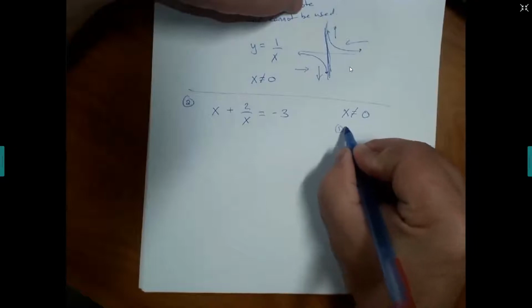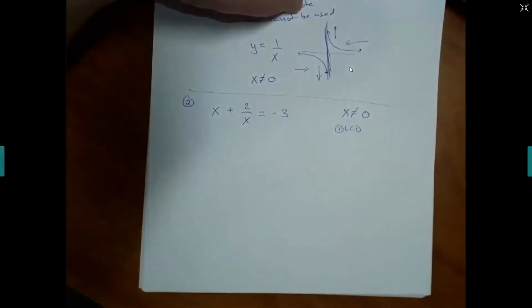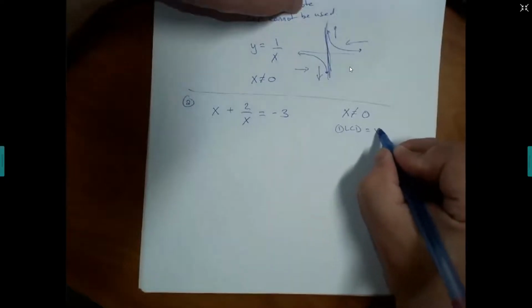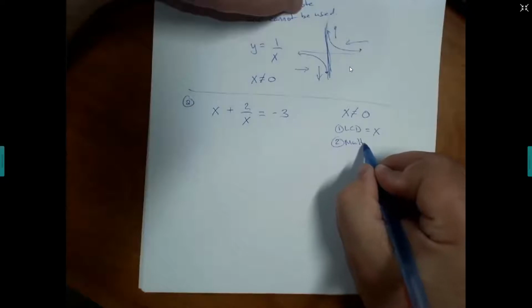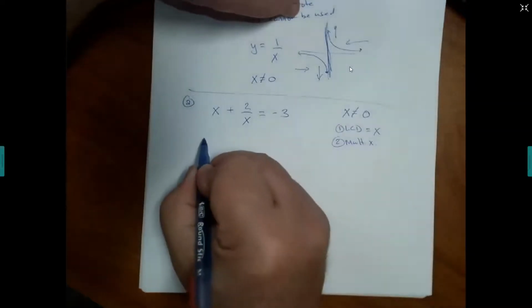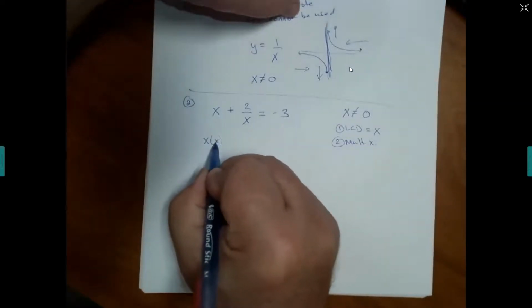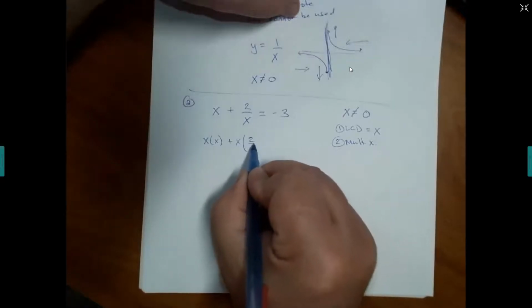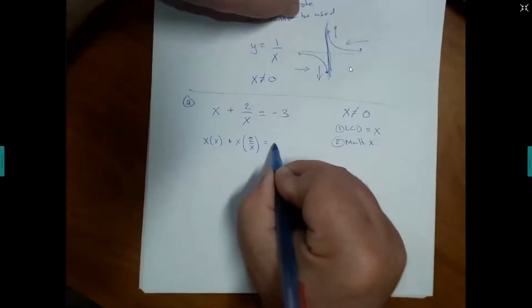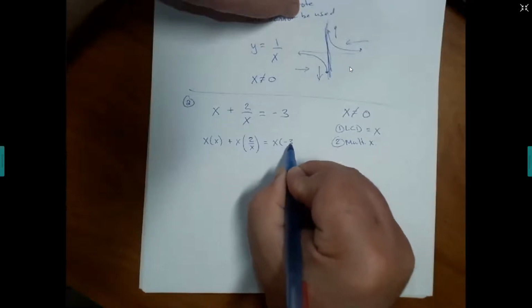So follow the same steps. First step, LCD, which is x. Multiply x to each term. So x times x, x times 2 over x, and x times -3.